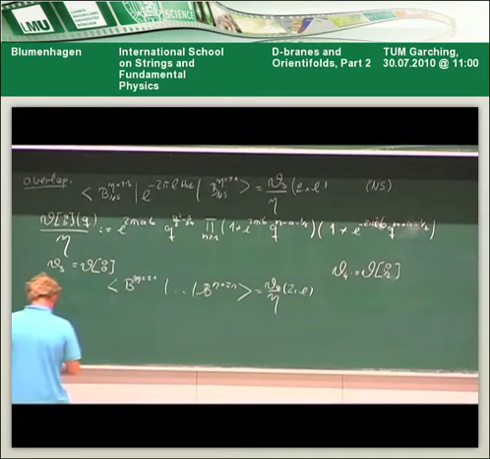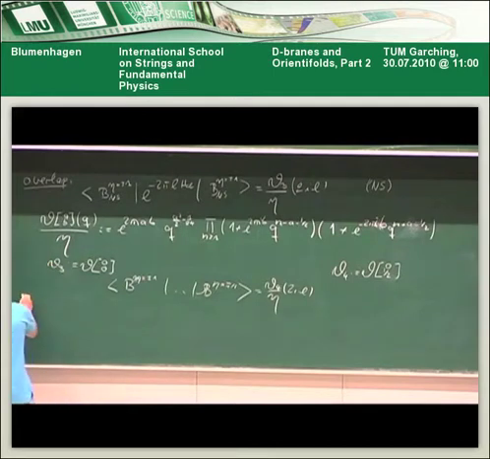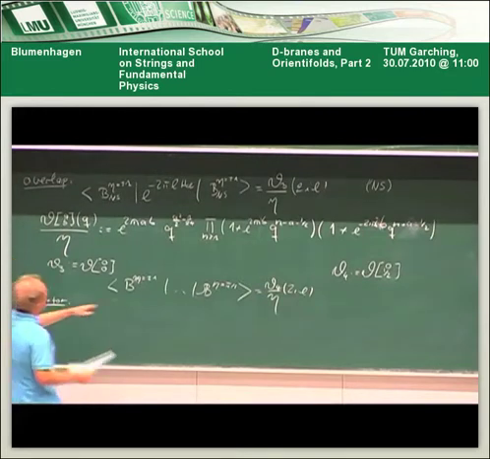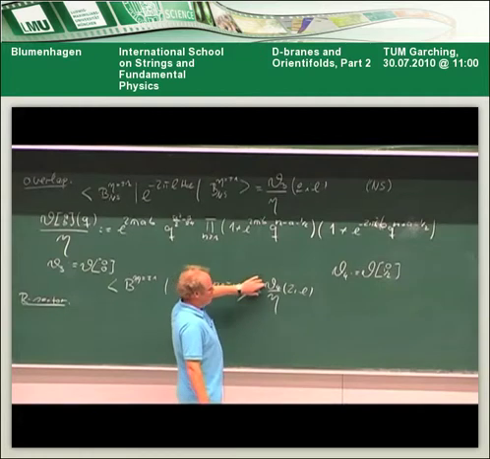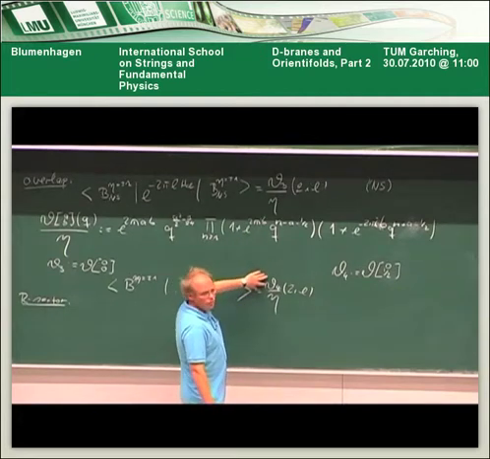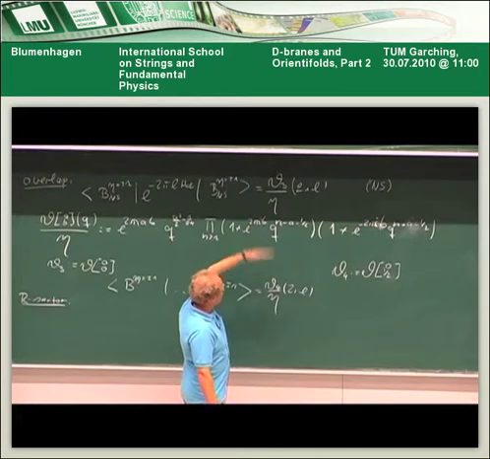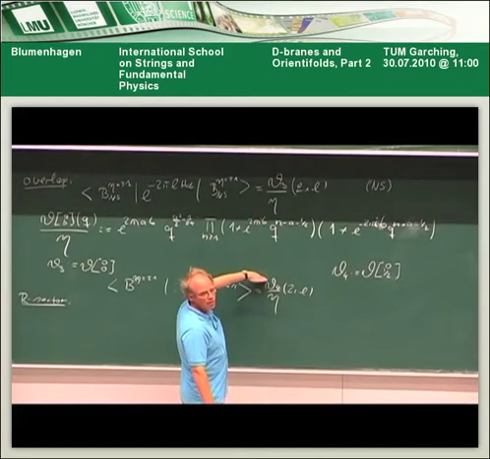Okay? So you see that the meaning of these signs is that you change in the closed string channel the GSO projection, so that you get the full GSO projected closed string spectrum.